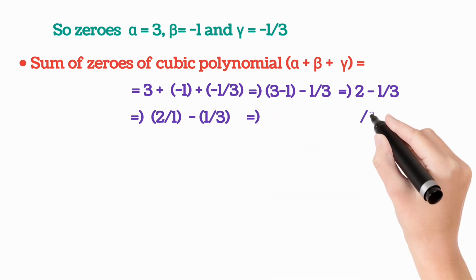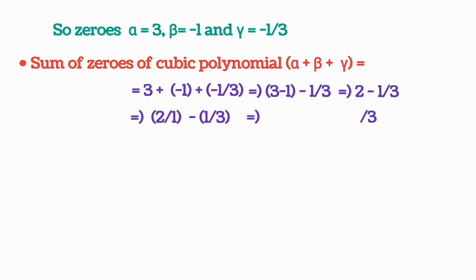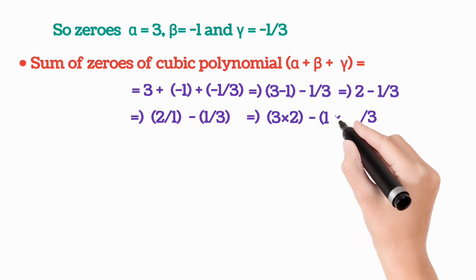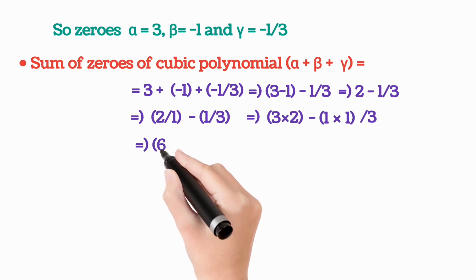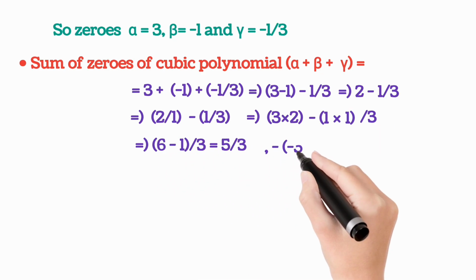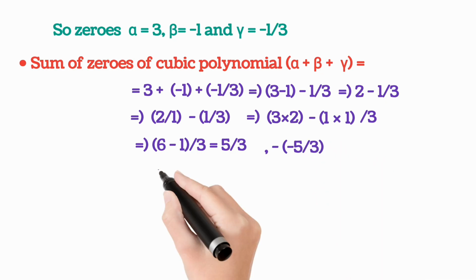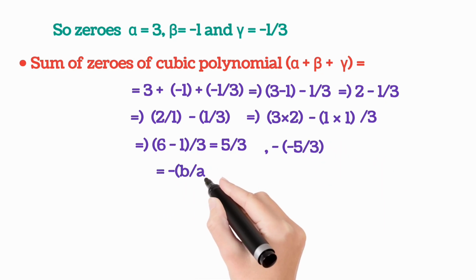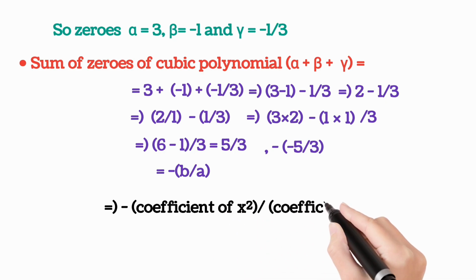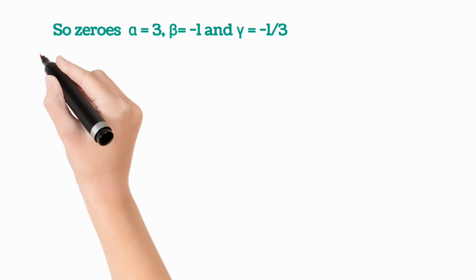Now take 3 as the LCM: 3 into 2 minus 1 into 1, that implies 6 minus 1 divided by 3, that is equal to 5 by 3. Now we can write minus into minus 5 by 3, that is minus b by a, that is minus coefficient of x square by coefficient of x cube.